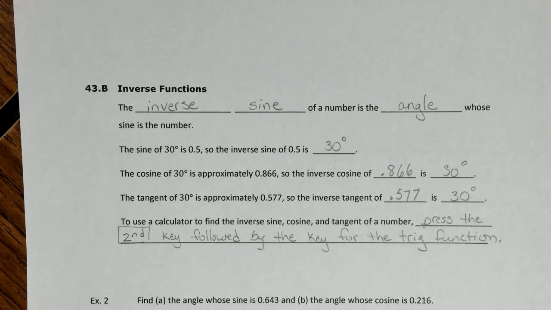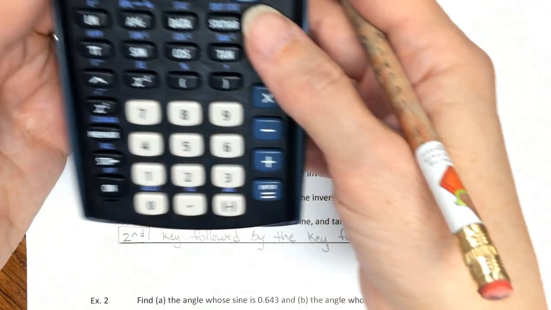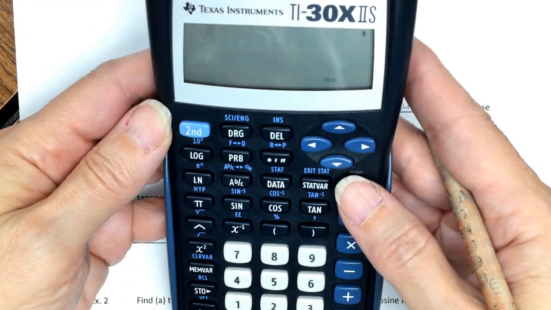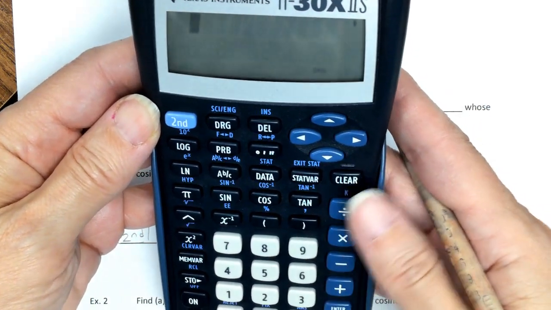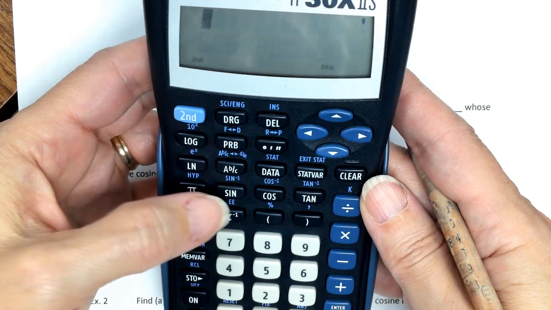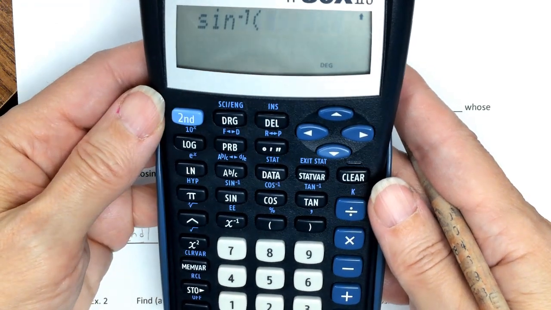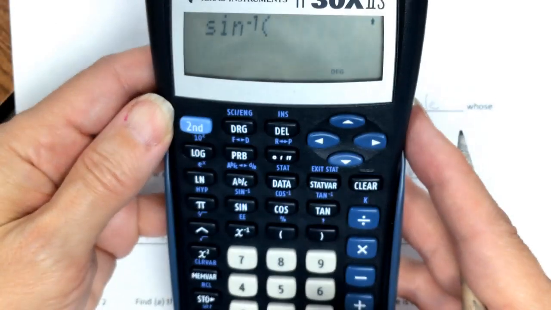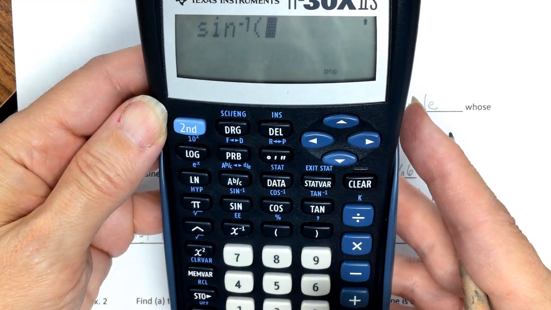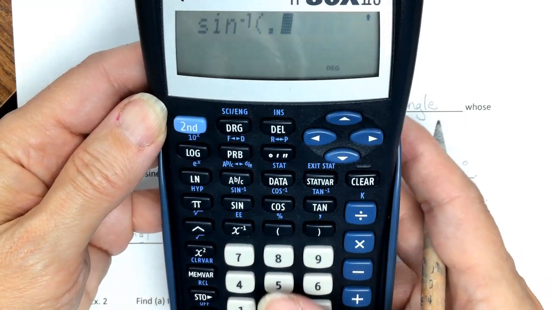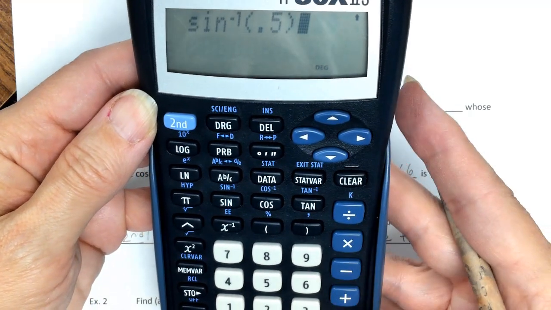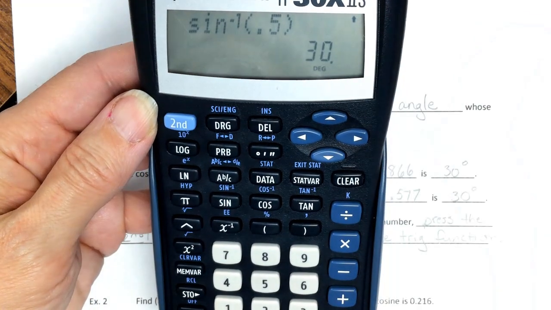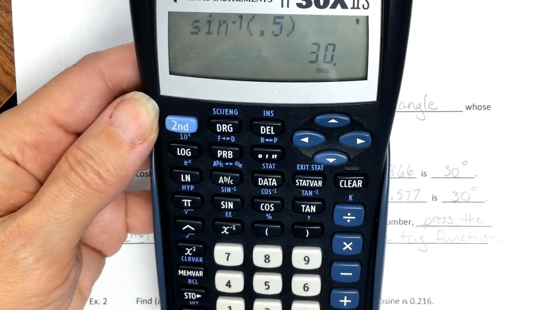I hit second, sine, and you see the sine to the -1, that's the symbol for inverse sine, of 1/2. And that equals 30 degrees, which we knew from before.